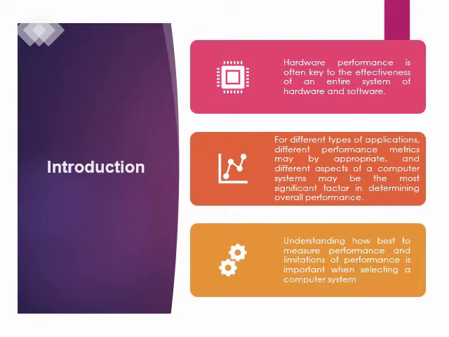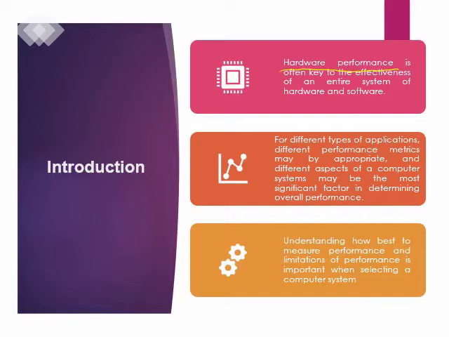In this last chapter, we're going to look at hardware performance, because hardware performance is often the key to the effectiveness of an entire system of hardware and software. And we cannot just look at one aspect or one performance metric.